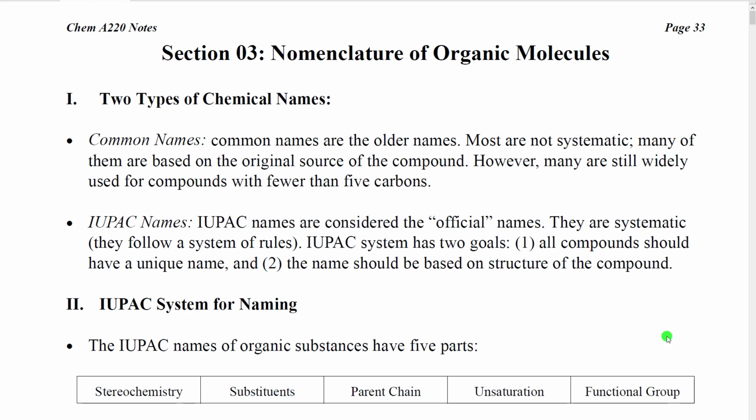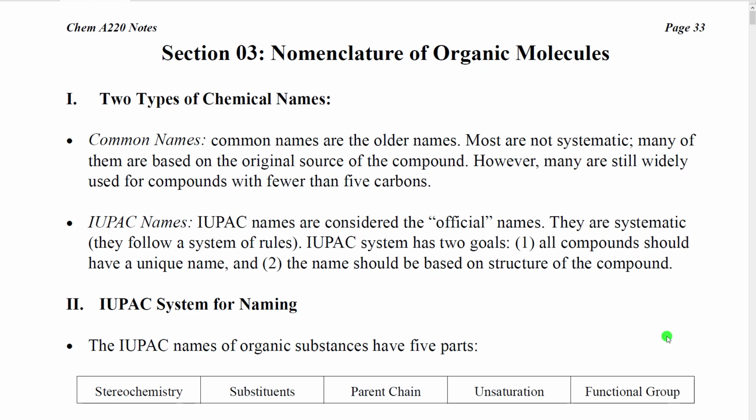So these days we mostly use what's called the IUPAC system. The IUPAC system is periodically updated, and we're going to see some consequences of that when we do naming. But these are generally considered the official names of chemical substances. So one of the goals of the IUPAC system was that it would be systematic.